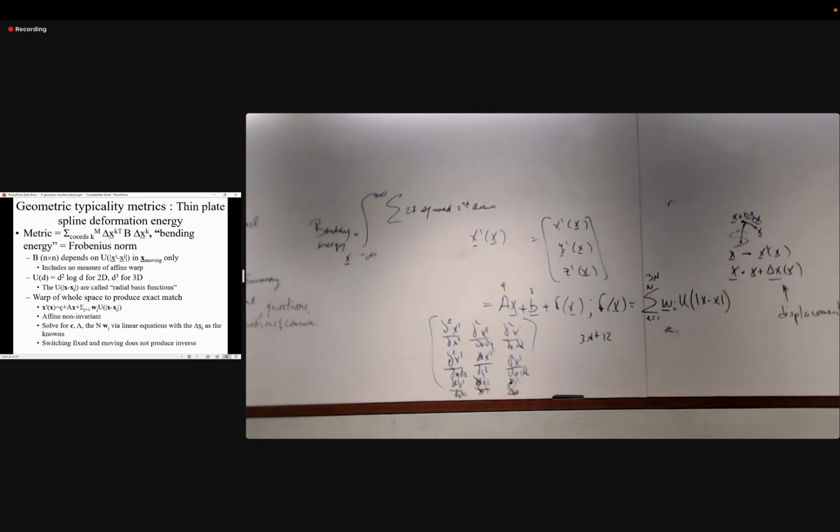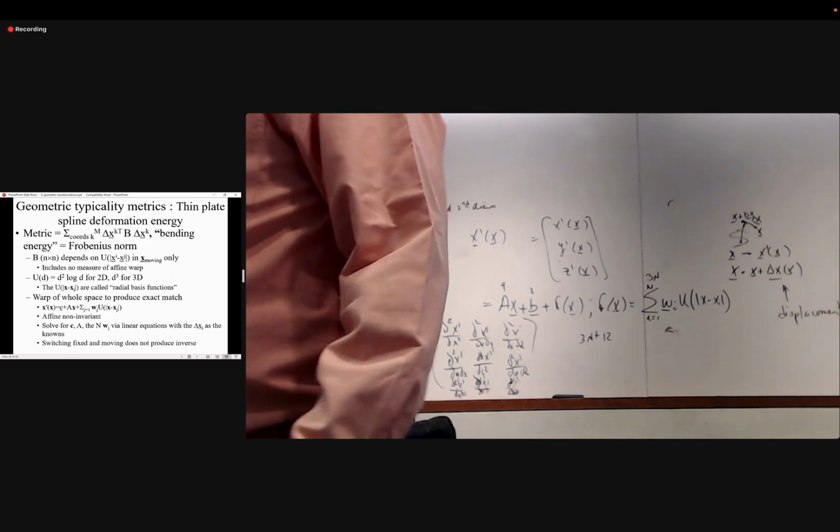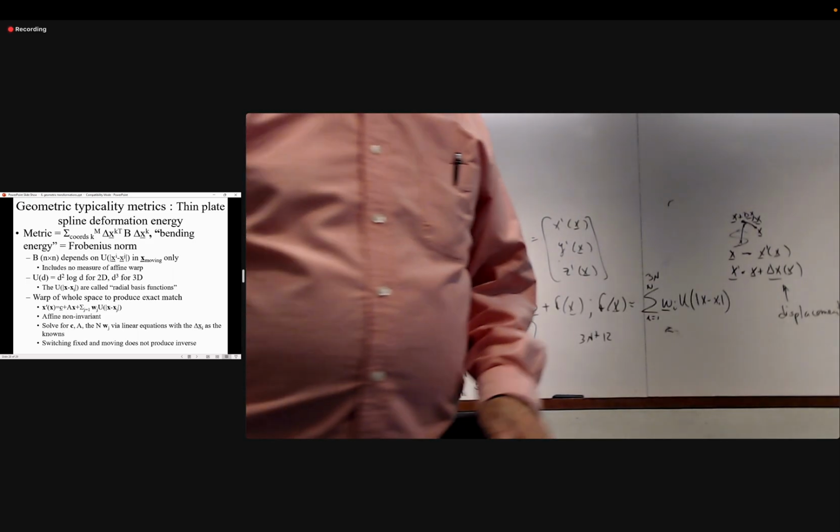The function u is a function on scalars, right? You put in distances. And it turns out that the u's that you need come out from an impulse response function analysis that I won't go into.